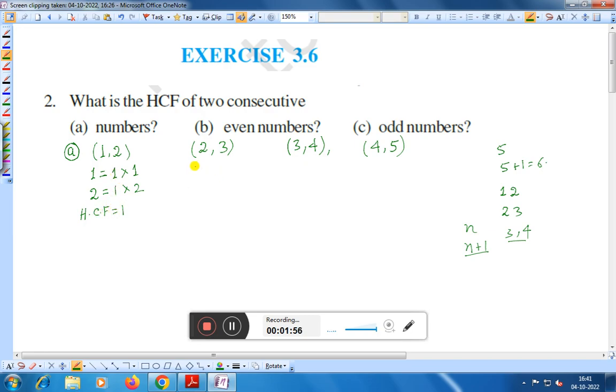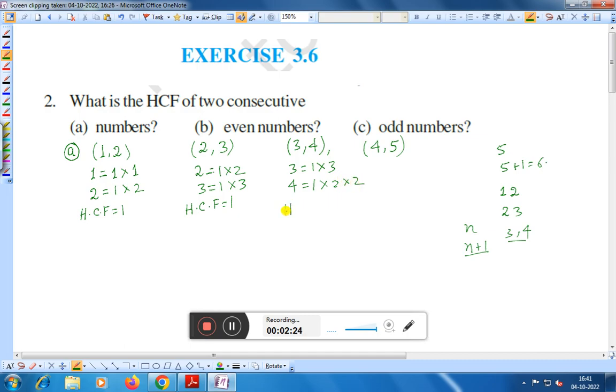In this case, 2 is equal to 1 into 2, and 3 is equal to 1 into 3. Therefore, the HCF of two consecutive numbers is equal to 1. In this case also, 3 is equal to 1 into 3, and 4 you can write as 1 into 2 into 2.